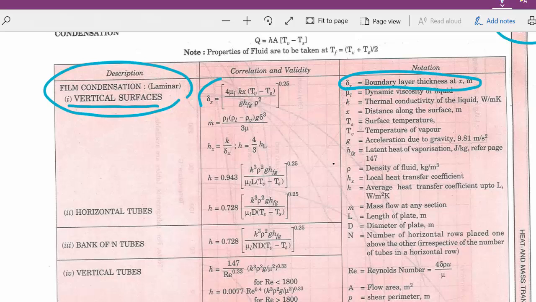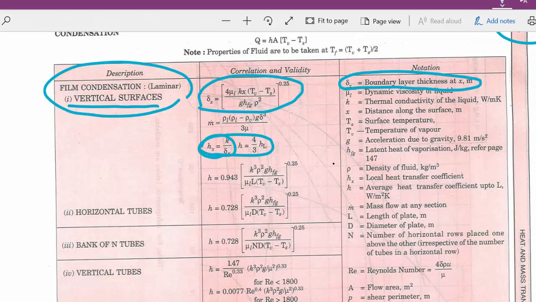So, this formula you have to write down, delta x equal to 4 mu k x (T_v minus T_s). Here T_v is nothing but vapor temperature, which is 133, right? So, surface temperature is 110 degrees Celsius, right? This formula you have to take for delta x, and for h_x value, k divided by delta x.